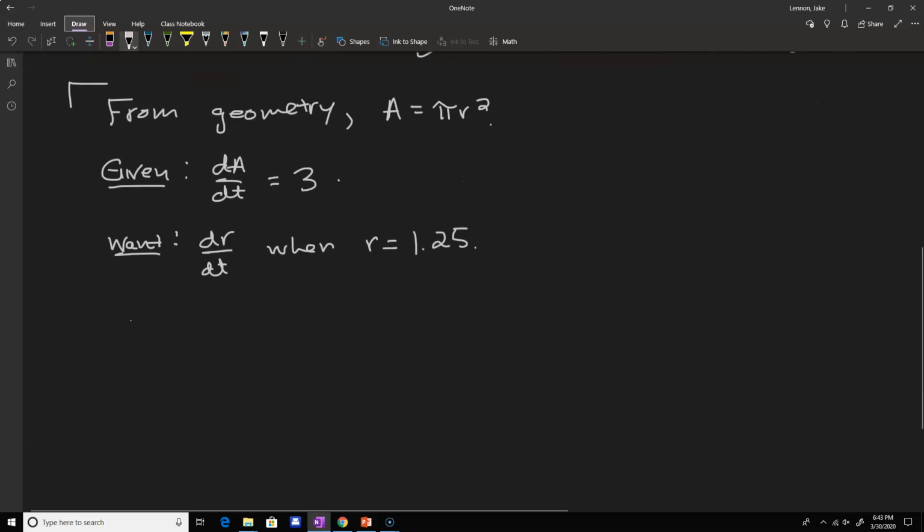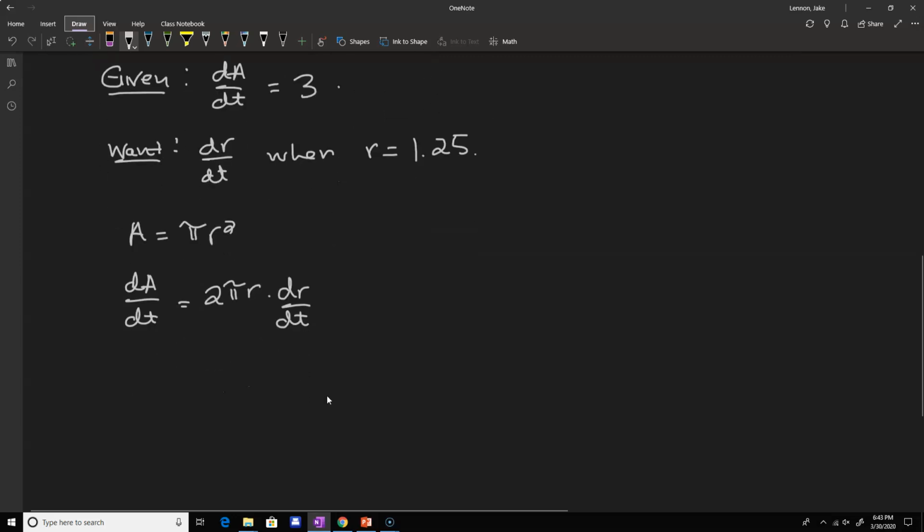So basically what we do is we take our area formula, A equals pi r squared, and then we differentiate both sides with respect to t. The derivative of A would typically be 1, but remember, since it's an implicit differentiation, it would be 1 times dA dt, and the derivative of r squared would be 2r. So the right-hand side becomes 2 pi r, but then again we have to multiply by dr dt because it is an implicit function of time as well.